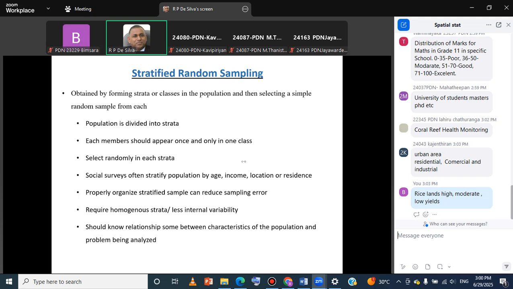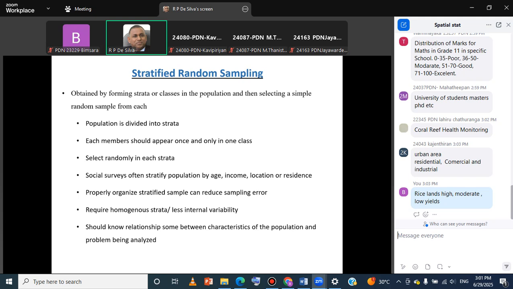Next one is coral reef health monitoring.